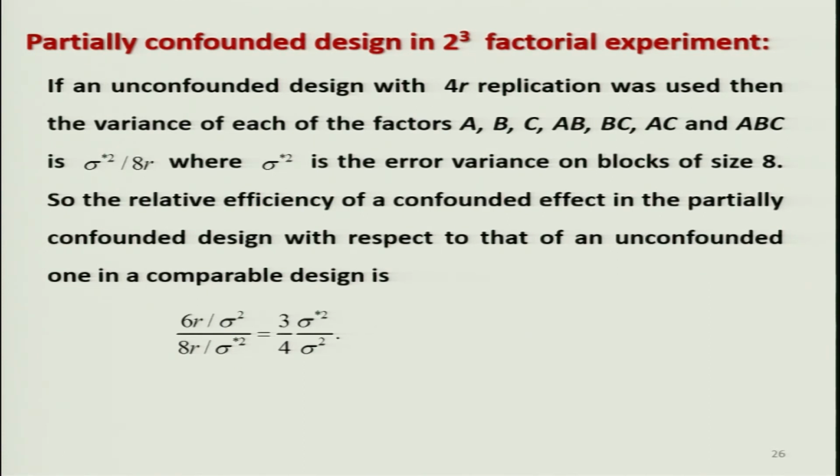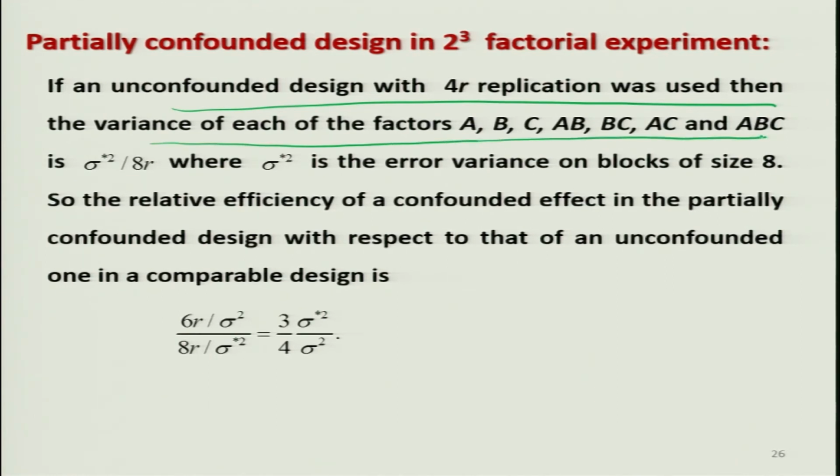Now, if we compare the variance of any effect which is confounded or not, we compare their variances as follows. If an unconfounded design with 4r replications was used, then the variance of each of the factors A, B, C, AB, BC, AC and ABC is sigma star square upon 8r.